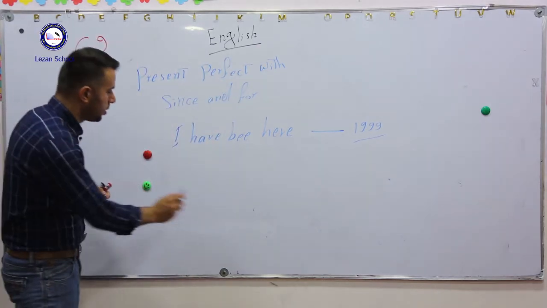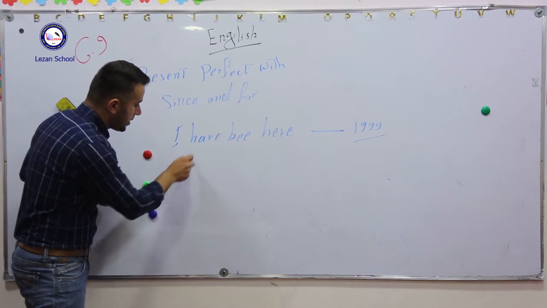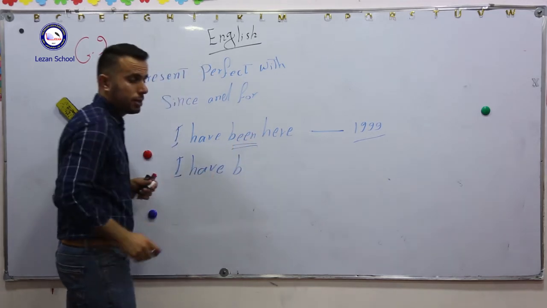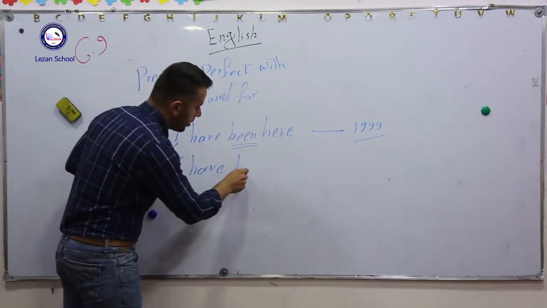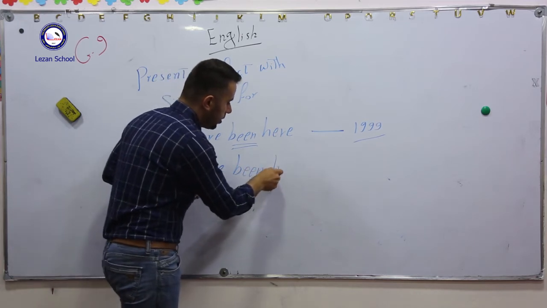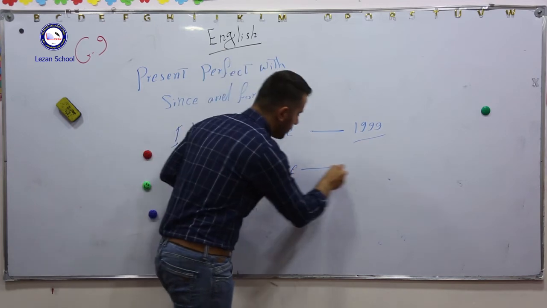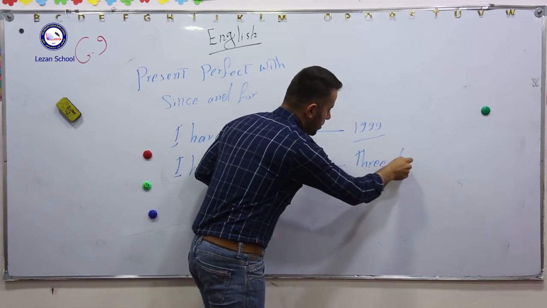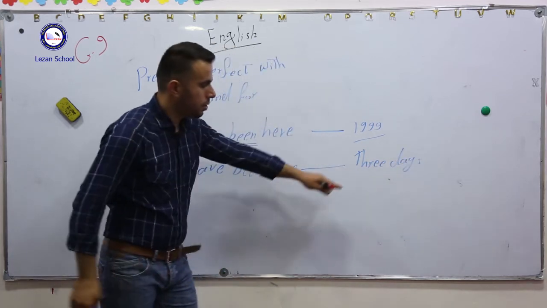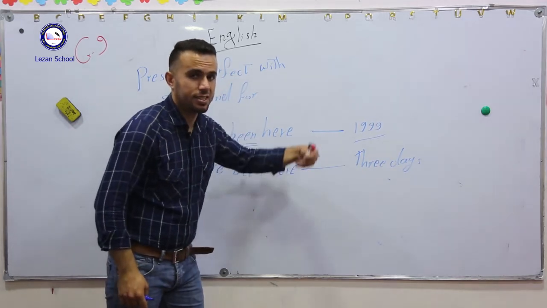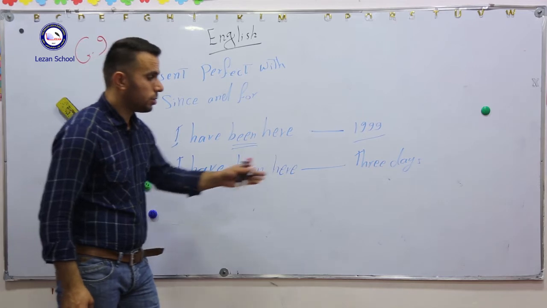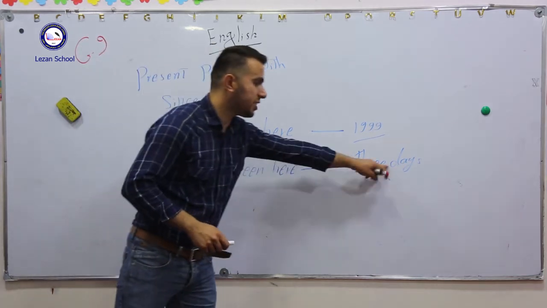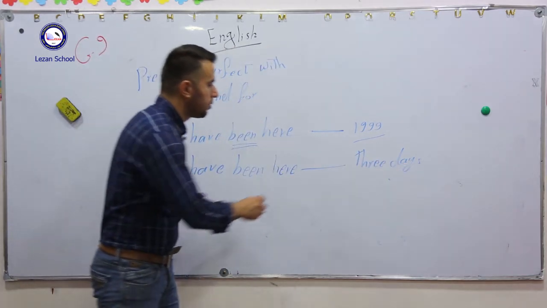I have been here, the same sentence, then in the past participle, and here, dash, 3 days. 3 days, 4 days, 5 days, 6 days, 7 days. It is countable. We can count them. So we use what? And it also takes S. We use for.